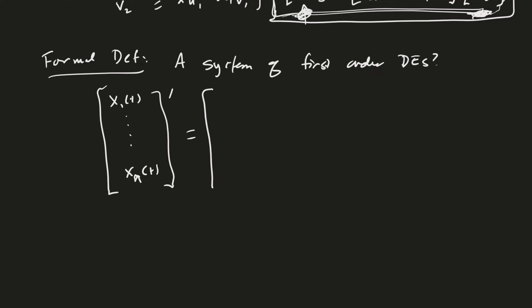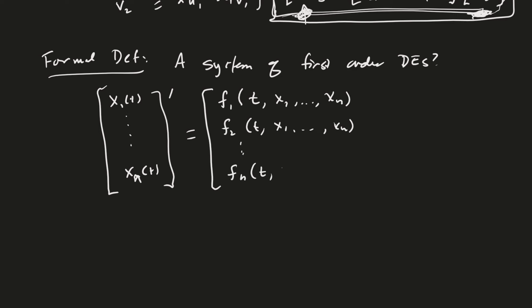And so each of these is going to be a function, and it'll be a function of t, possibly, and then it'll be a function of the x1 through xn variables. And so then the next one would be F2 with the t, x1 through xn. And then we'll have to have the same number here, Fn of t, x1 through xn.